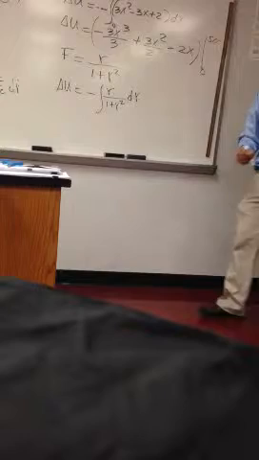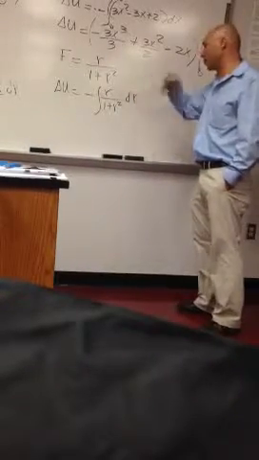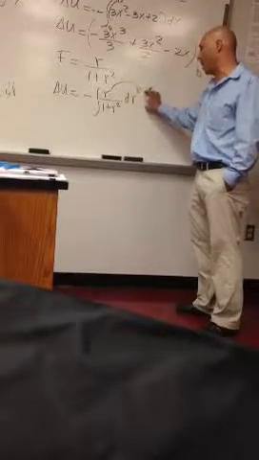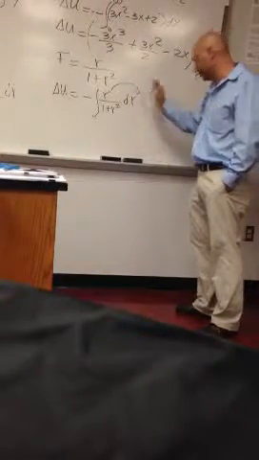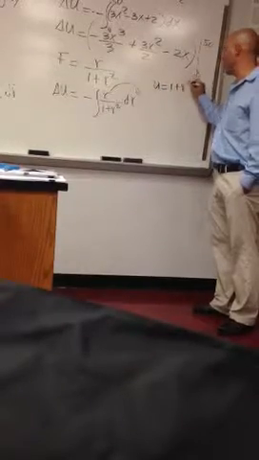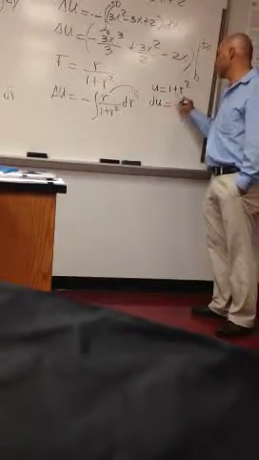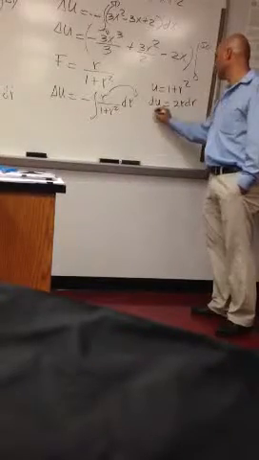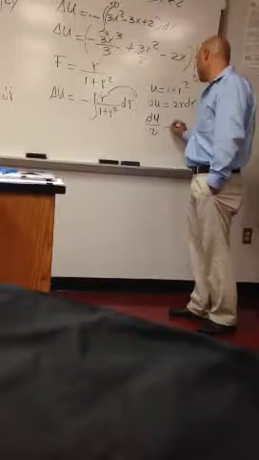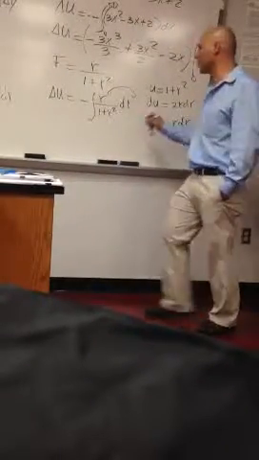How do you solve this integral? U substitution. Everybody can see that this is a U substitution, right? Since it's a U substitution, you can use either substitution or pattern recognition. With pattern recognition, you just put this as r squared, add 1, and you know that it's a ln. Let me just do U substitution, which is what you are used to. U equals 1 plus r squared, du equals 2r dr. So du over 2 equals r dr. Now I substitute.